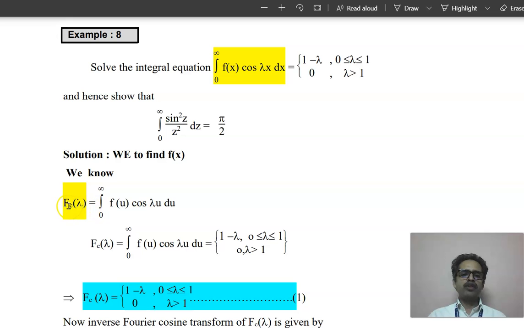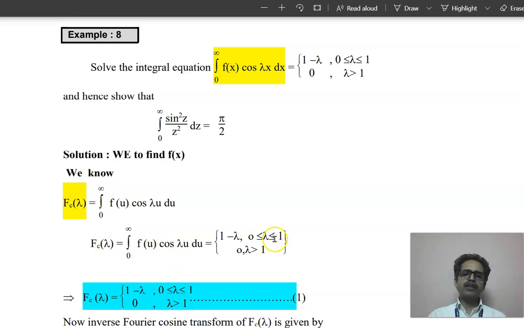So this is your equation 2a. So using equation 2a, we can write this given integral equation as Fc lambda is equal to integration from 0 to infinity f(u) cos lambda u du is equal to this. Here either you use the x variable or the u variable, it does not matter, because variables are immaterial in a definite integral.